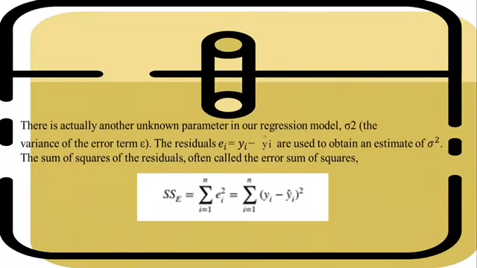There is actually another unknown parameter in our regression model. The residuals e_i equals y_i minus y hat i are used to obtain an estimate of variance. The sum of squares of the residuals, or SSE, is often called the error sum of squares. This is the formula of SSE.